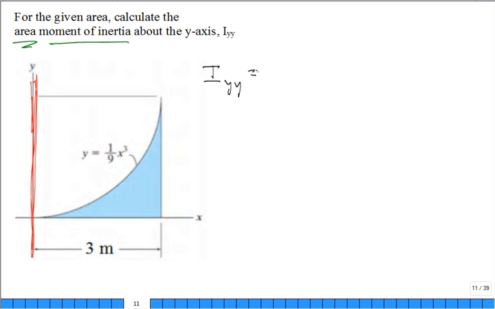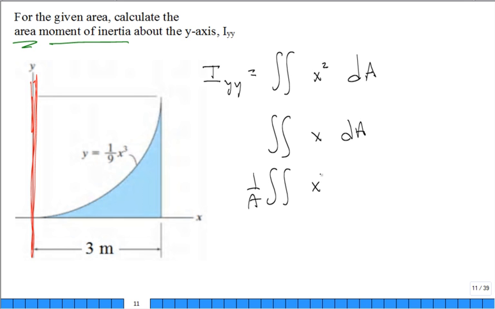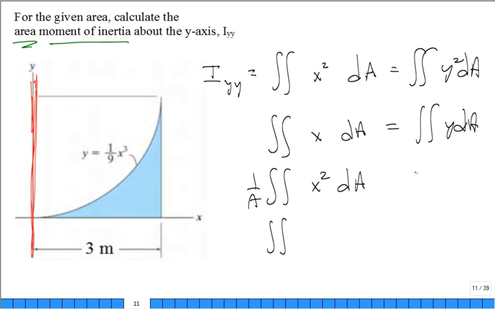I'm running out of time, but you need to be able to do it, and I want to give you a few seconds to do it, so let me pause. So what you have to remember is this is the double area integral, dA, and it's calculated as either x squared, or the double area integral x dA, or 1 over A times the double area integral x squared dA, or the double area integral of y squared dA, or the double area integral y dA, or 1 over A times the double area integral y squared dA.